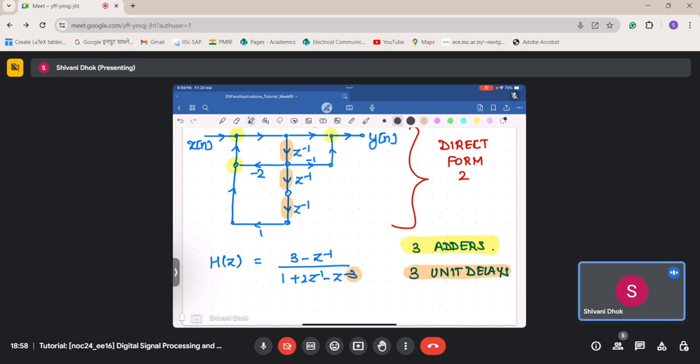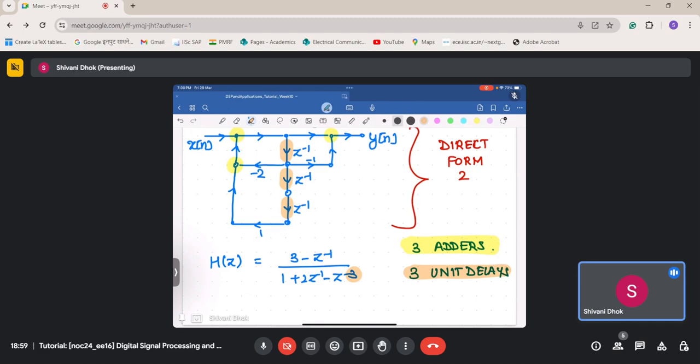The highest order in numerator or denominator will give you the number of unit delays. Here we are having z to the power minus 3, that is, the highest order is 3, and therefore we will be having 3 unit delays. This argument is there only for direct form 2. For direct form 1 you have separate delays.